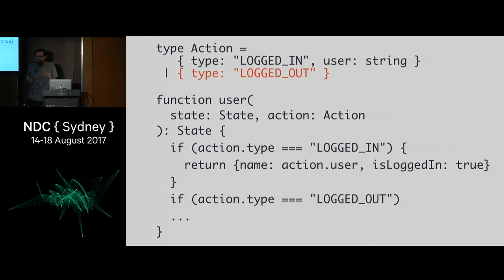And so the computer will help us, in this case Flow will help us, check that we are using each one properly. So if we end up with a logged in thing, then before letting us use action.user, we need to have proven that action.type is logged in. We need to make sure it's the first option before we're allowed to use the guts of it. Otherwise, if the second branch called .user, it's not there.